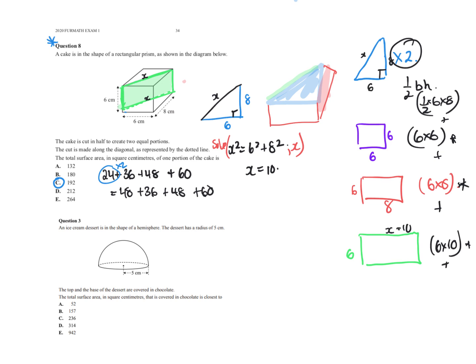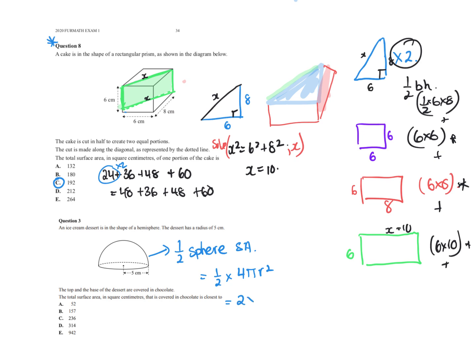This one, question 3. An ice cream dessert is in the shape of a hemisphere. The dessert has a radius of 5 centimeters. The top of the dessert is covered with chocolate. What is the total surface area in square centimeters that is covered in chocolate? So really, you only have half the sphere because you're not doing the base, the flat base. So it's just half a sphere surface area, which is a half times 4 pi r squared.